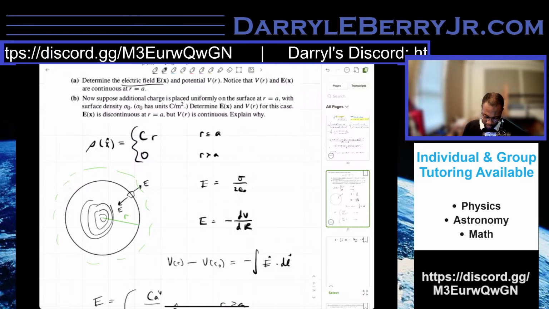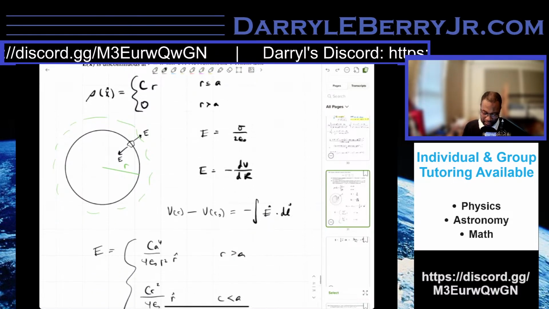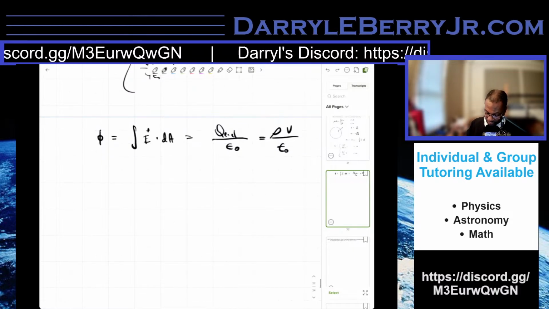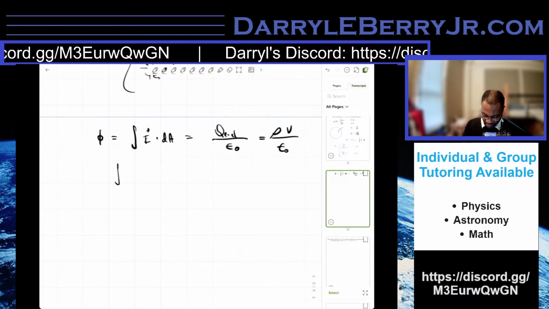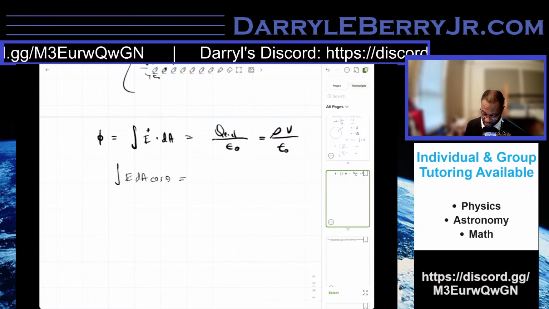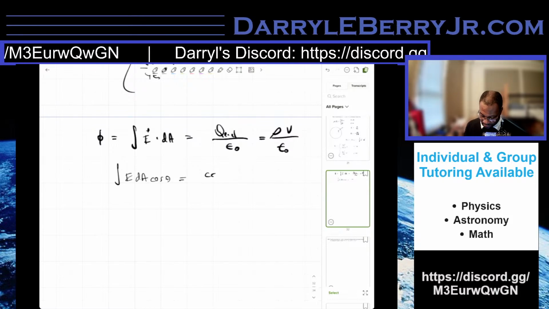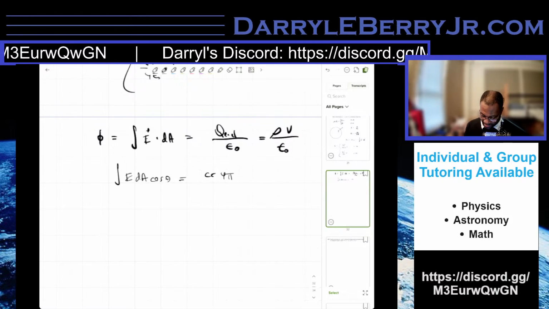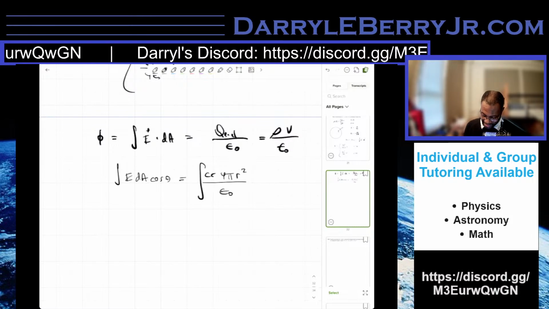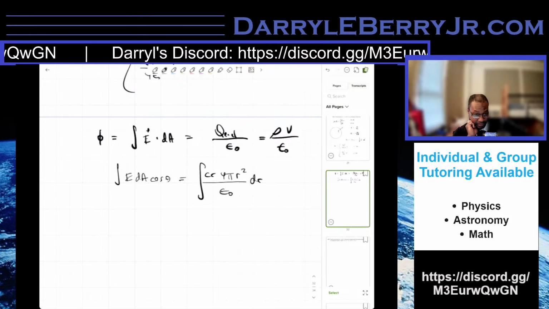So the charge at each outward ring is stronger than the inner ring. So the charge is not uniform, so we can't just take the volume. We have to actually integrate to get the actual charge. So it'll be integral E dA cosine theta equals C r, 4 pi r squared over epsilon naught. But I have to integrate dr. So that's the difference in this one.